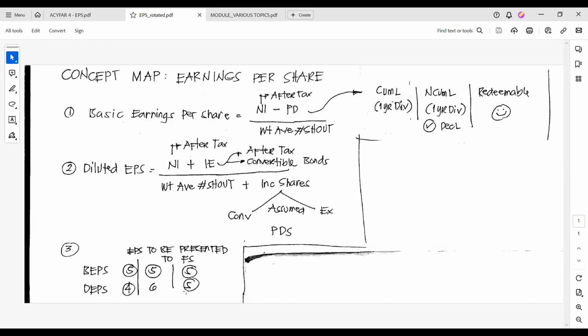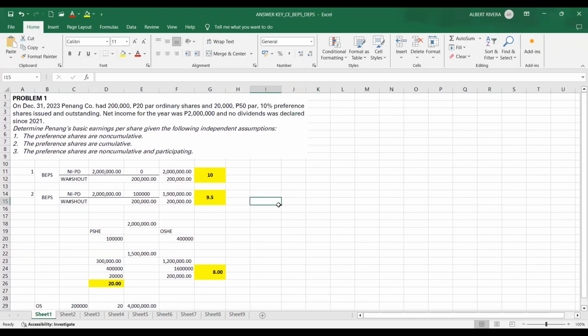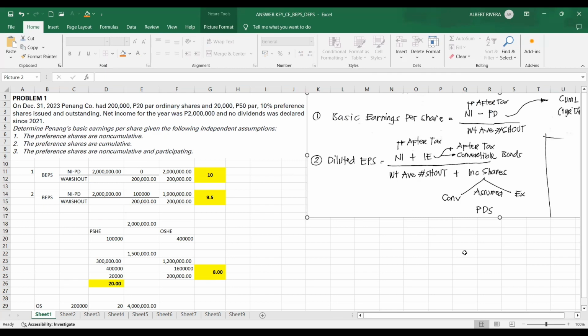Okay, so let's have some exercises here. So here, the requirement is to compute for the basic earnings per share, using the independent assumptions. Okay.